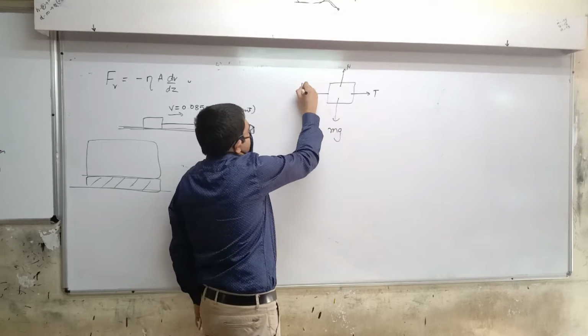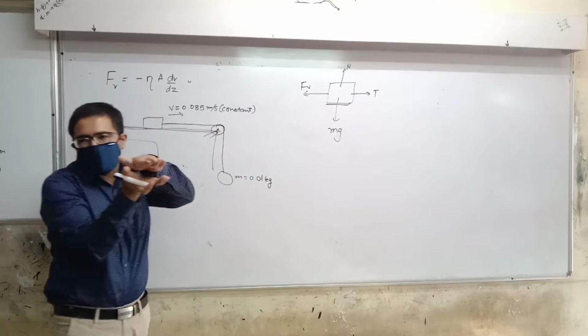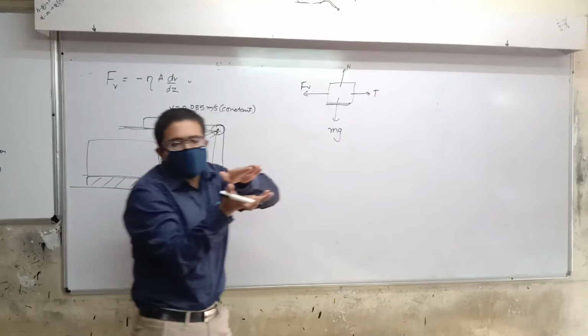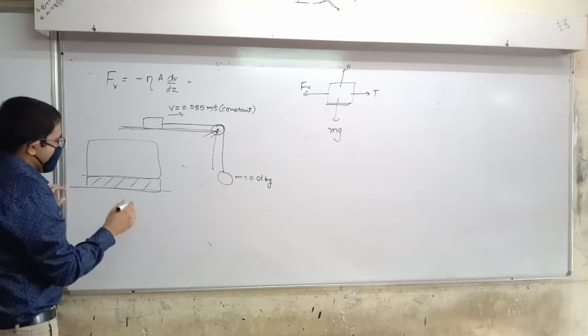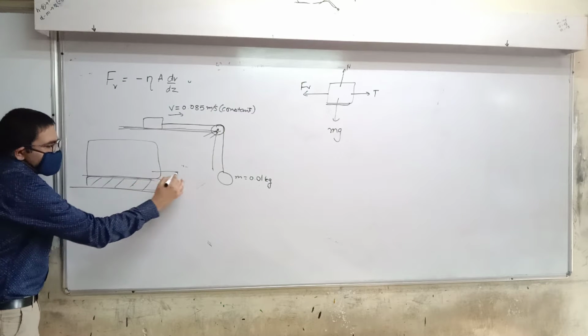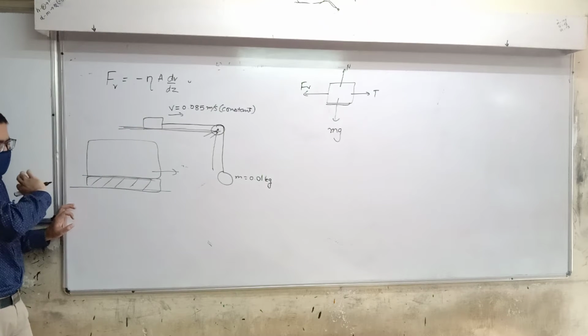Very good. Because there is a fluid here, and you see, the upper layer of fluid will try to move with the block. The lower layer of fluid will try to stick to the table. I repeat what I said. Think of this fluid. The upper part of the fluid will try to go with the block. With how much velocity or how much speed? 0.085.